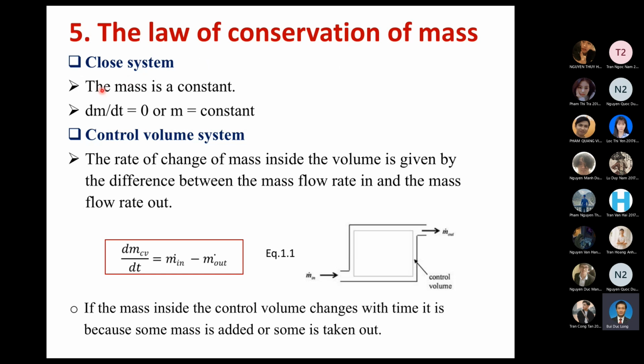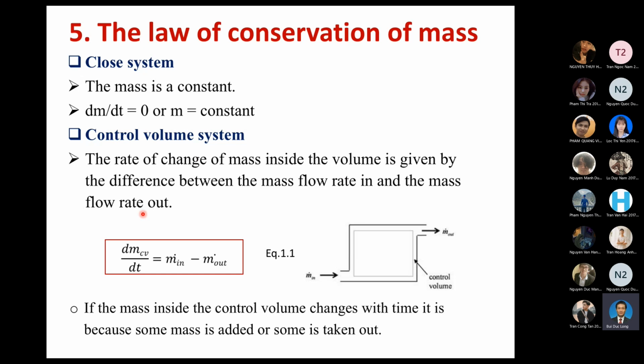For a closed system, the mass is constant, and dm/dt is 0 because m is constant. For a control volume system, the rate of change of mass inside the volume is given by the difference between the mass flow rate in and the mass flow rate out.